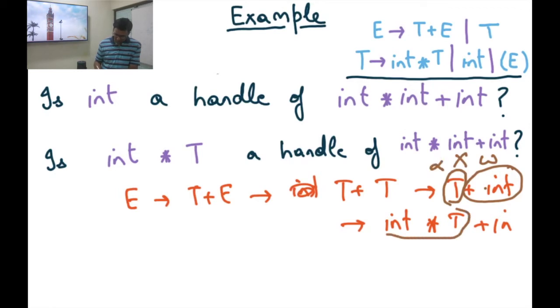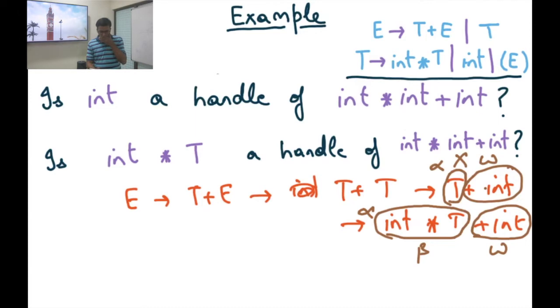This represents beta, and this represents omega. So alpha is the empty string. Indeed there is a step that derives T plus int to int star T plus int, and so int star T is a handle of int star int plus int. So the answer is yes.